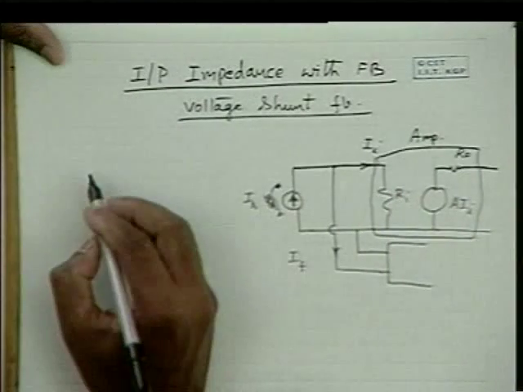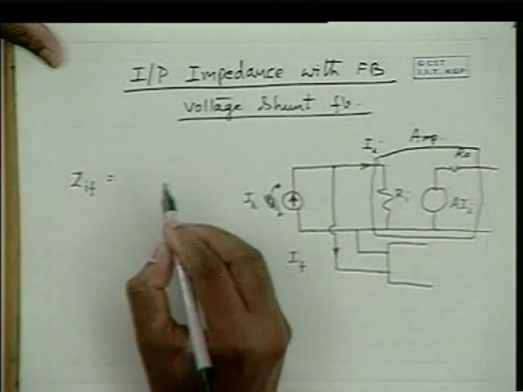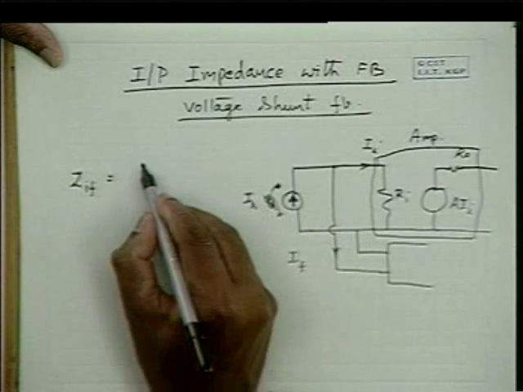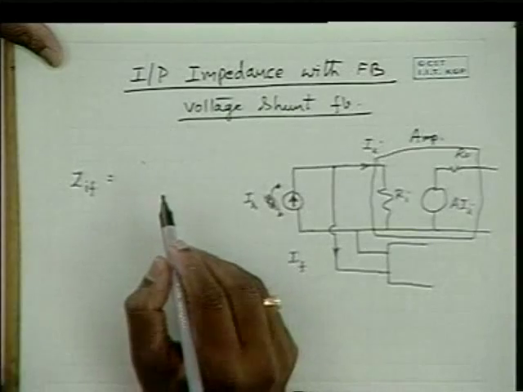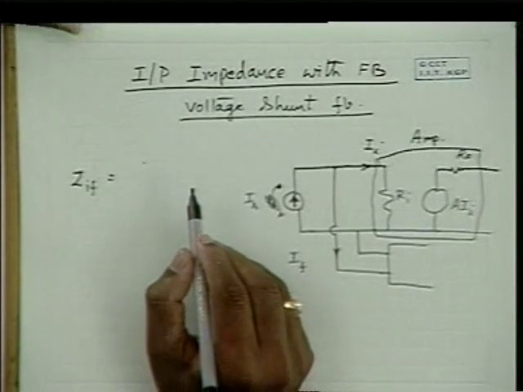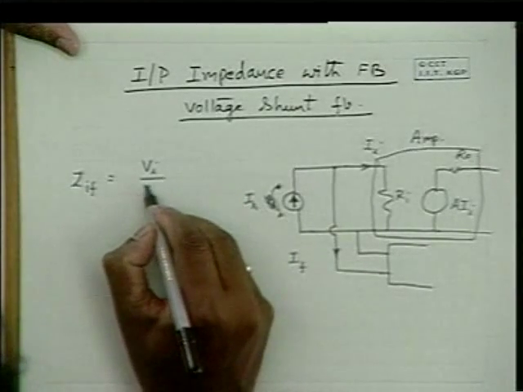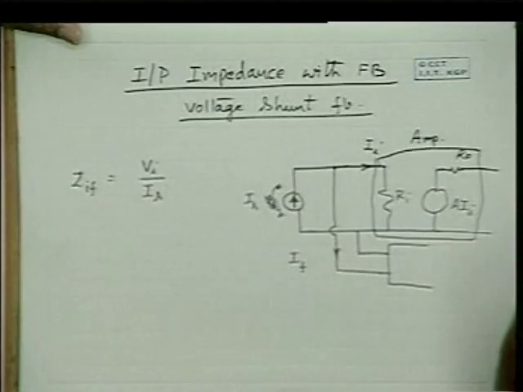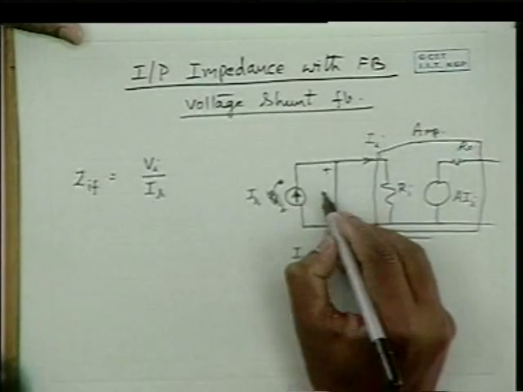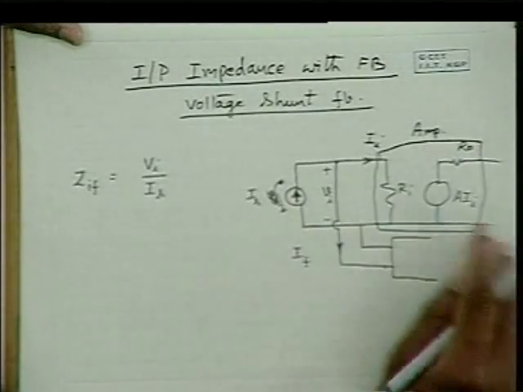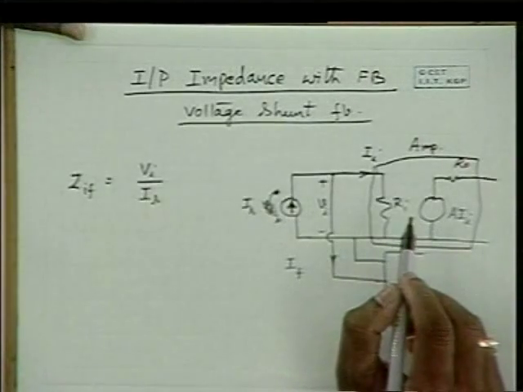Now we can determine the ZIF or RIF by applying an input signal and determining the voltage that appears across the input, and dividing this by Is, we get the input impedance. So when Is is applied, the voltage that appears across the input terminals, divided by this current, gives you the RIF.